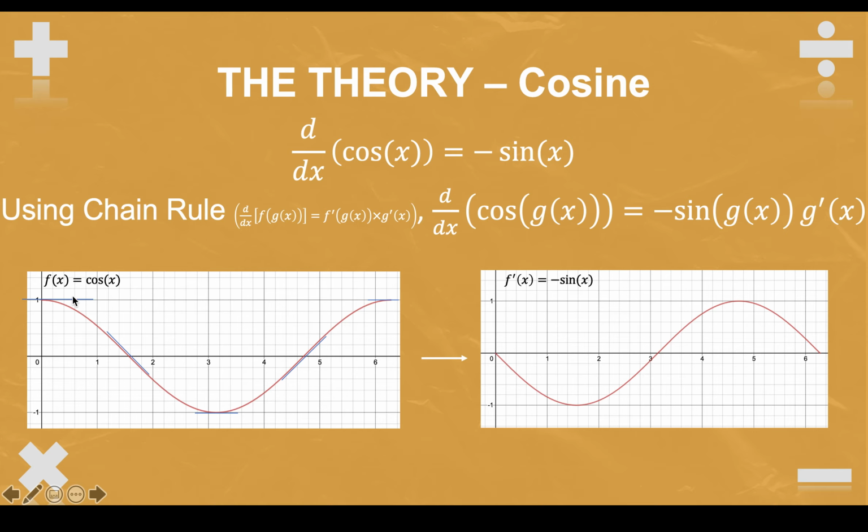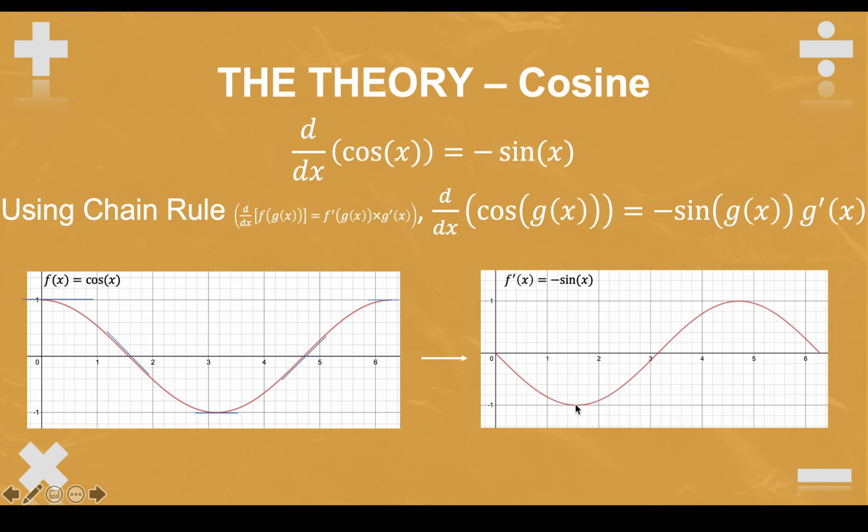Okay? So, at x equals 0, the gradient is going to be 0 because the tangent is flat, which means that the derivative at that point is going to be 0, which is shown here. As we increase x towards x equals pi on 2, we observe that the gradient becomes increasingly negative and hits a gradient of -1 here, which is shown here.